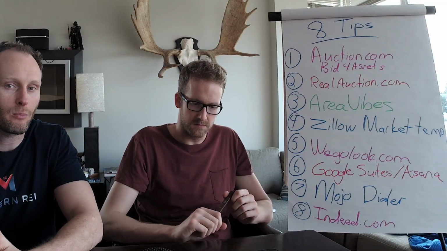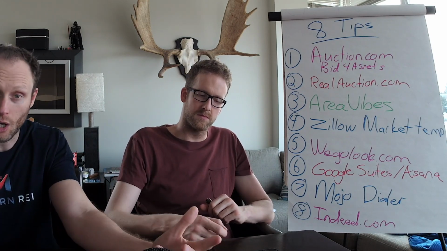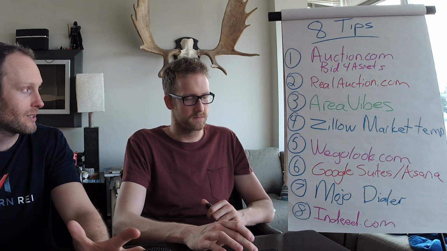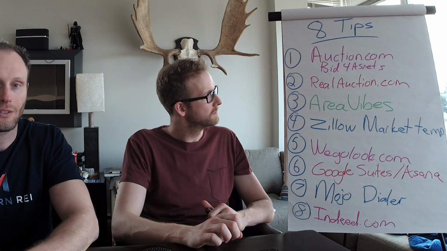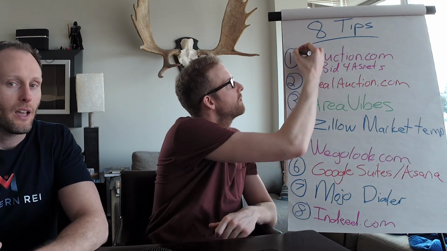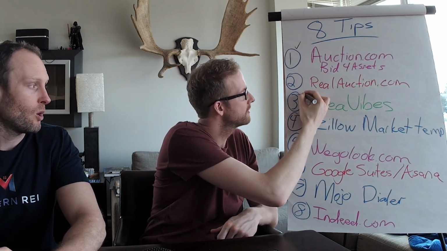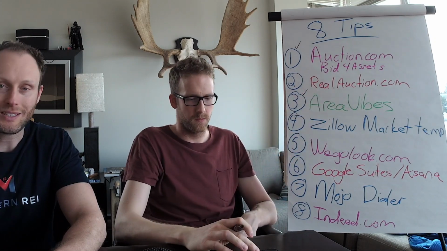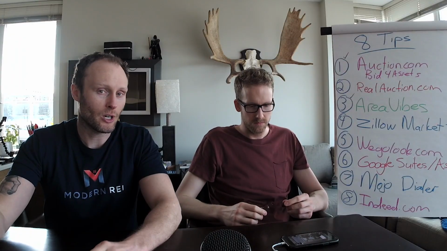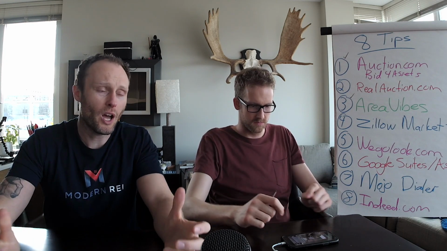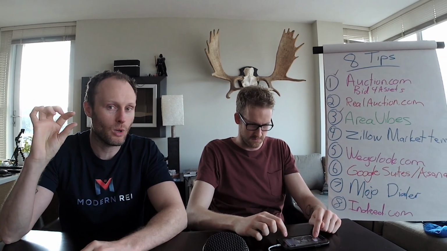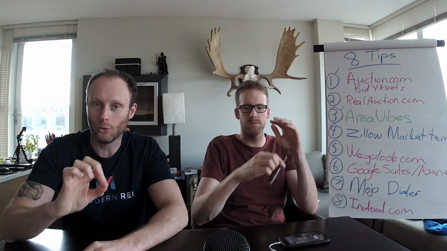Oh, Area Vibes. Yeah. So Area Vibes, this website tells us, say we're looking at property on auction.com or any of these sites that are showing us real estate around the nation. If we're finding deals, we want to go and check on Area Vibes and see where the good and bad parts of town are, so that we're not opposed to buying things in the bad areas, but if we can, we're going to avoid it.